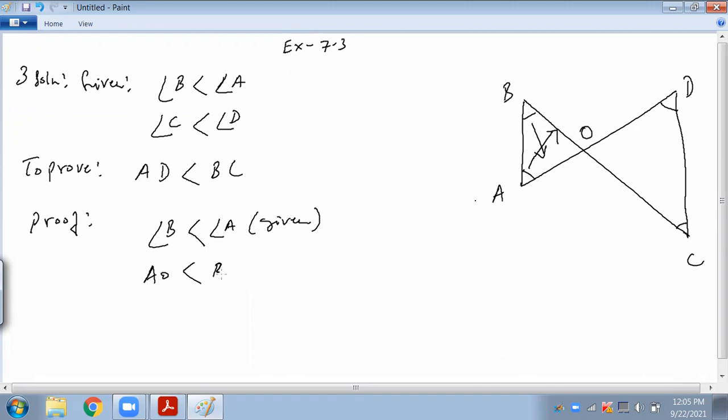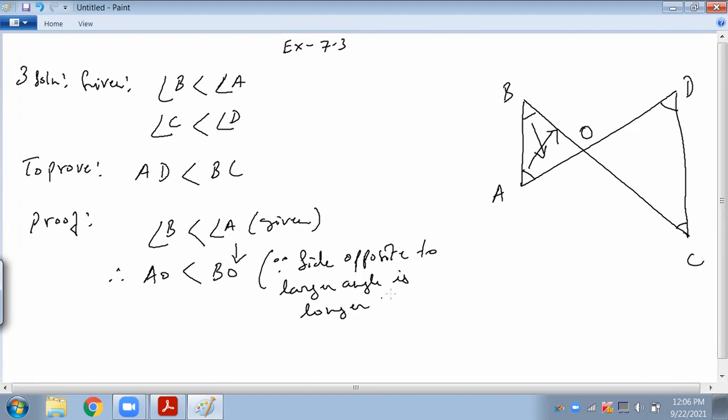BO. So instead of angle A, I can write BO. The reason is, since the side opposite to the larger angle is longer. Okay, we can mark it 1.